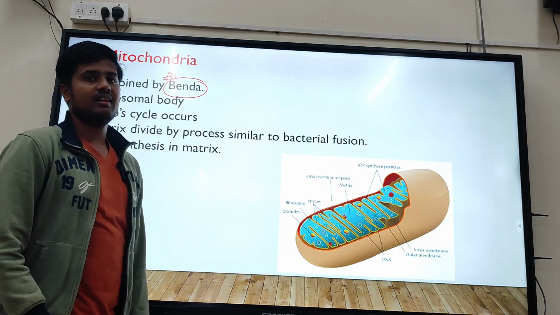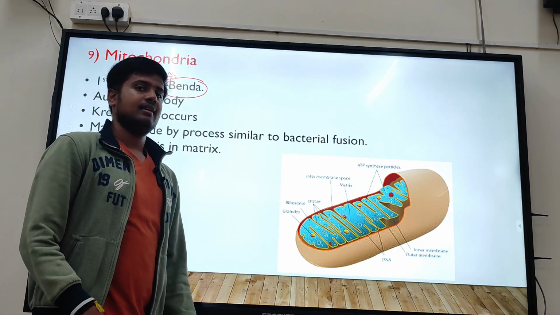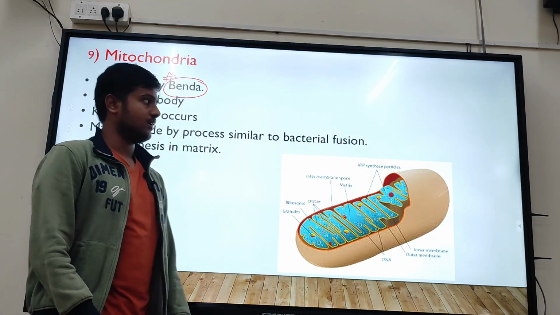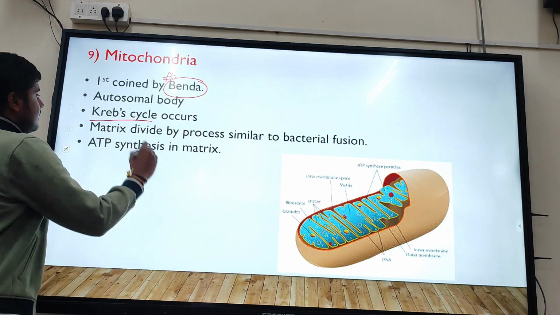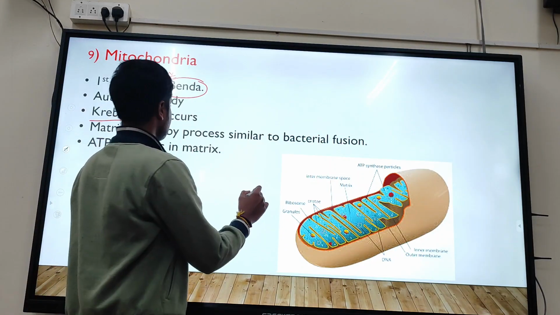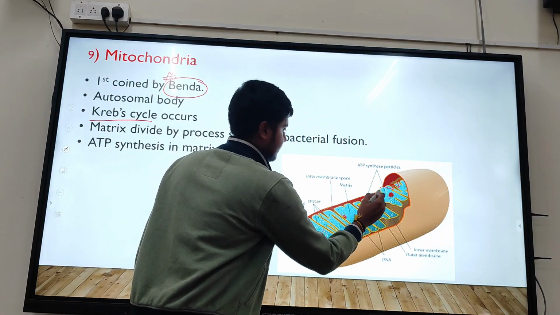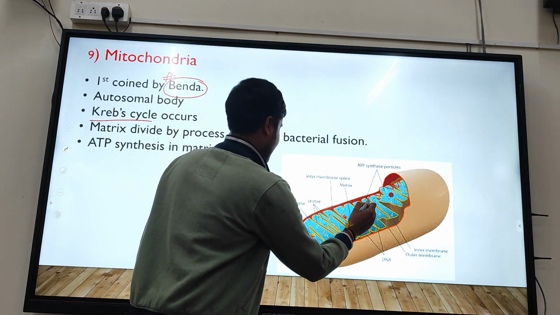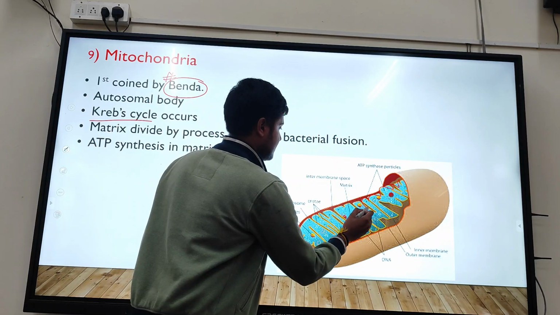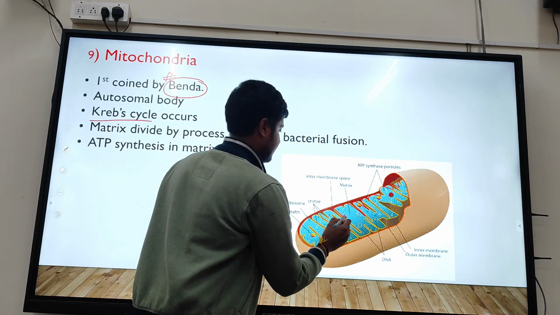In mitochondria, the Krebs cycle occurs. Let's study the Krebs cycle in the physiology part. Next, the outer membrane is processed here. This finger-like projection is called cristae.